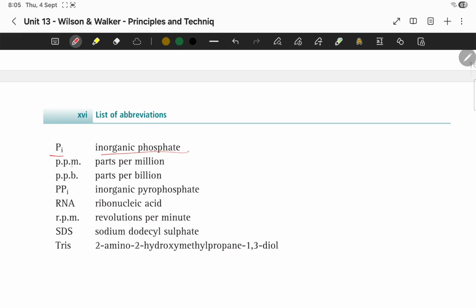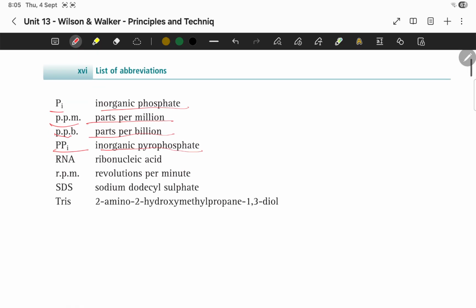Pi, inorganic phosphate. ppm, parts per million. ppb, parts per billion. PPi, inorganic pyrophosphate. RNA, ribonucleic acid. rpm, revolutions per minute. SDS, sodium dodecyl sulfate.